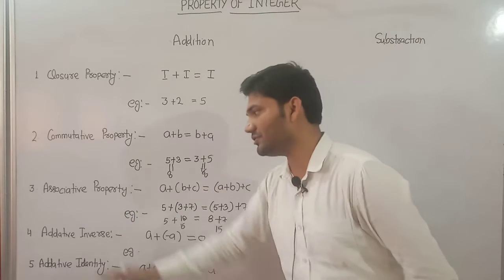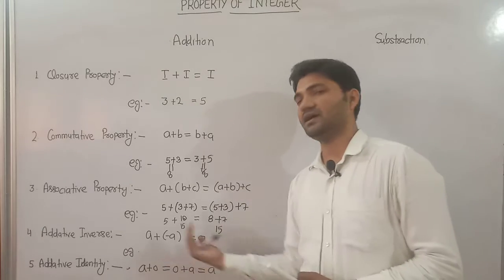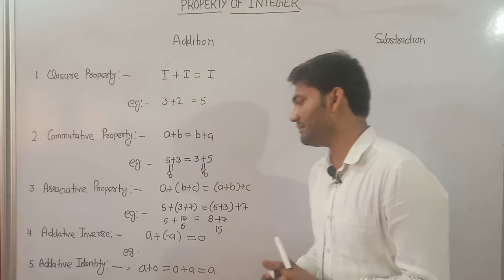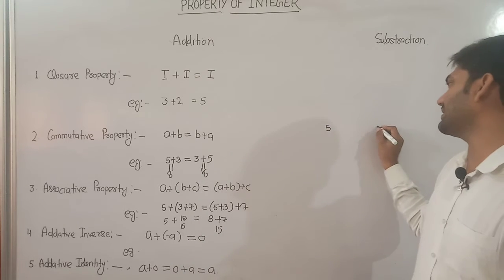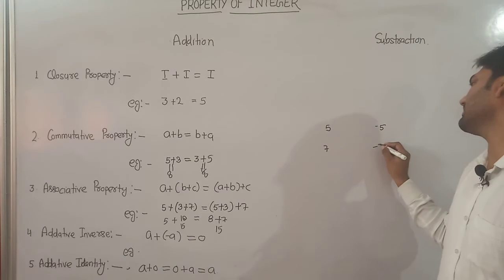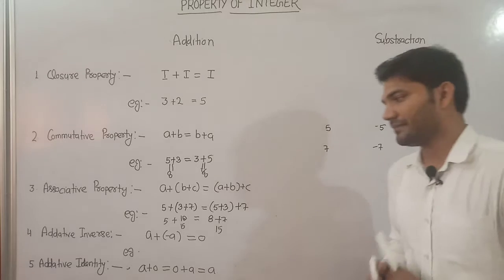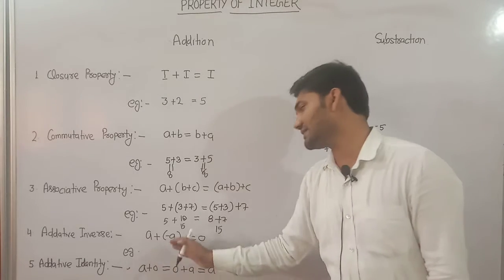Next is the additive inverse. If we take any integer, then its inverse has a minus sign. It means if you take 5, its additive inverse is minus 5. If you take the number 7, its additive inverse is minus 7. When a number is added to its additive inverse, the result will always be 0.